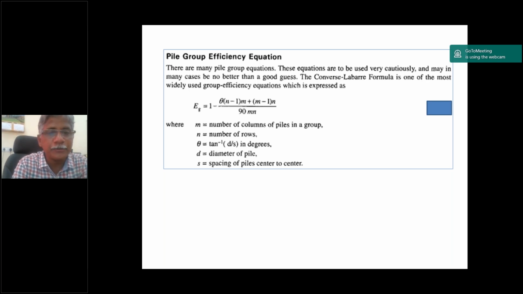If that information is available, it is easy for us to estimate the group efficiency of that particular configuration of piles.